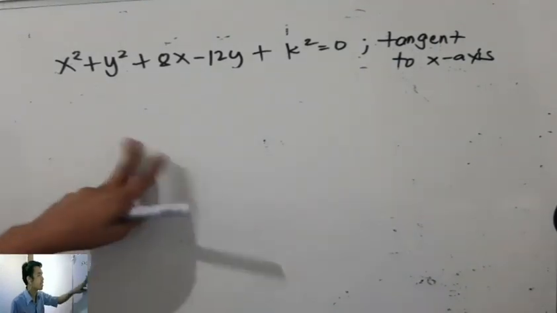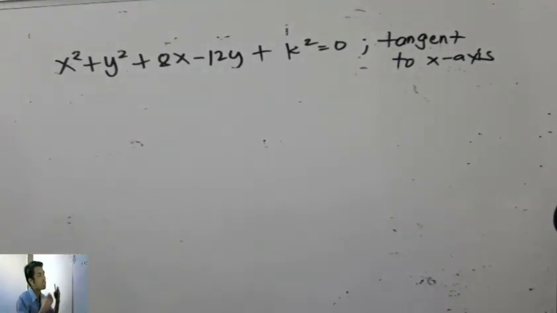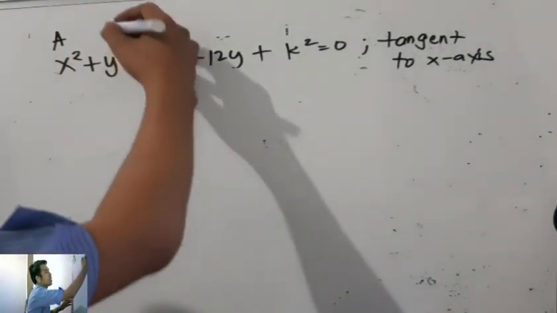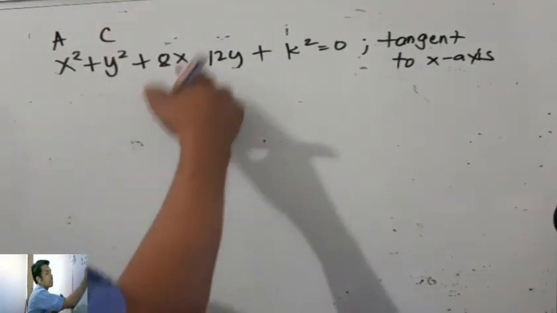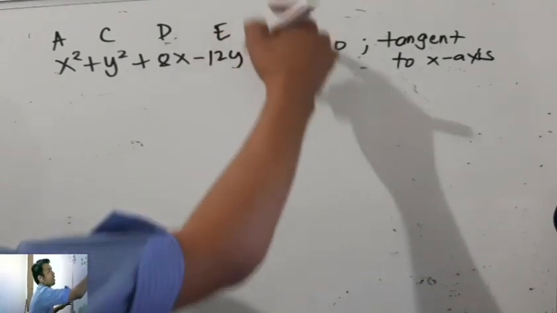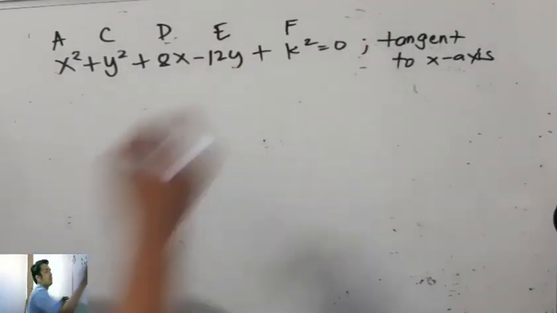So let's say, to make this problem easier, although it's quite difficult, we can solve this in an easier way by declaring this x squared as a, y squared as c, 8x is d, 12y is e, and k squared is f.